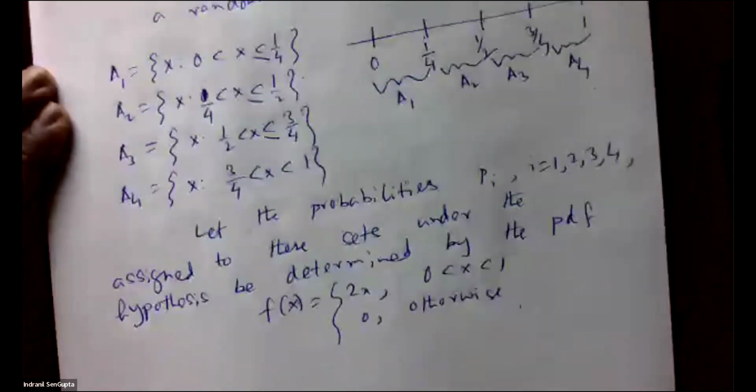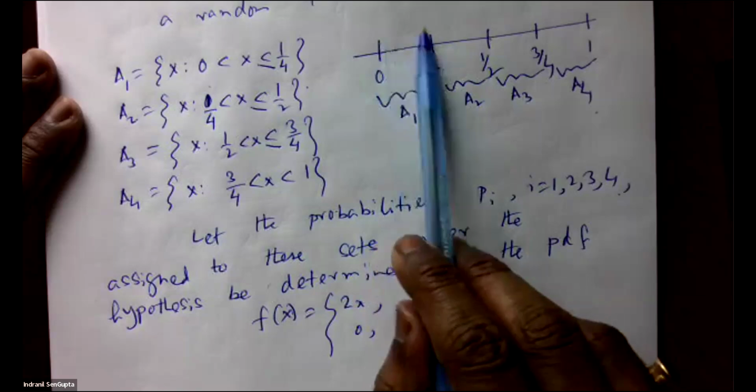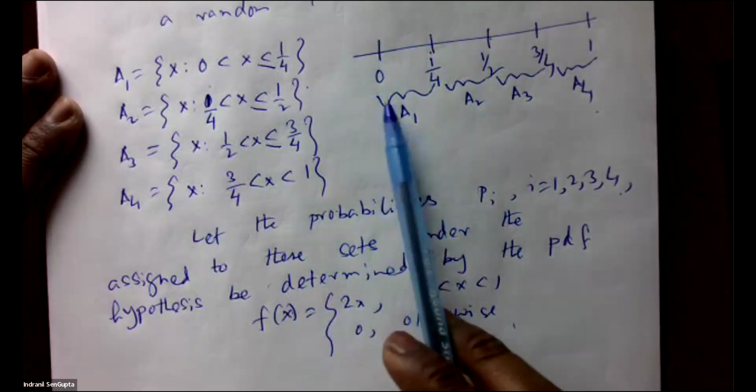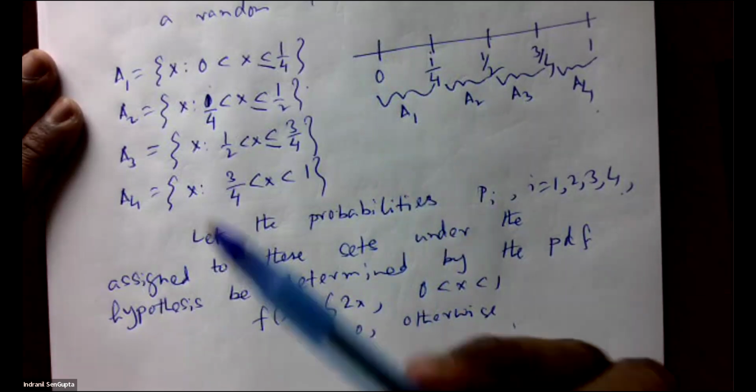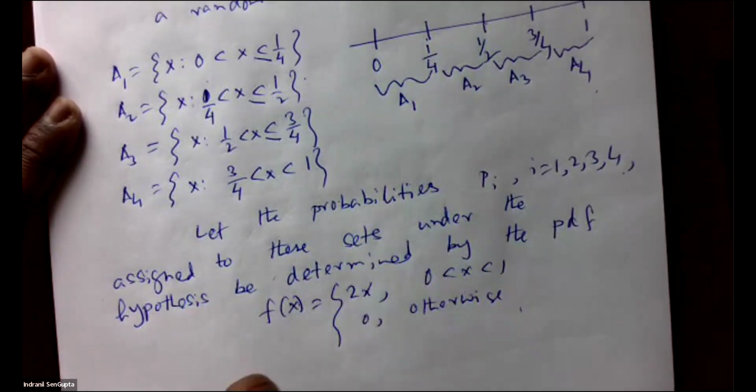How do you pick these sets? Well, it's from this PDF. So the probability of choosing something from A1 will be the integration of this 2x between 0 and 1/4, and so on.